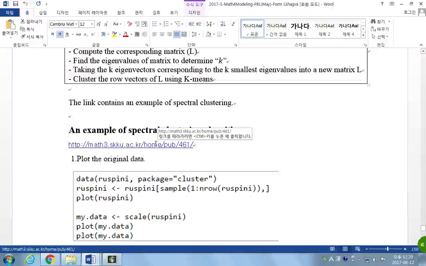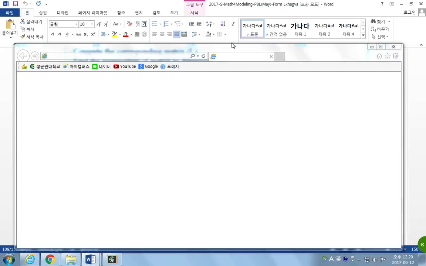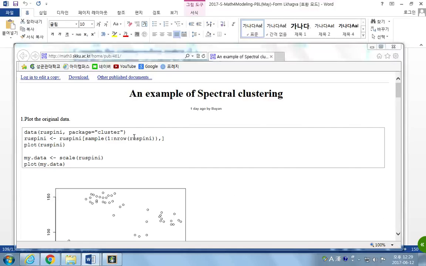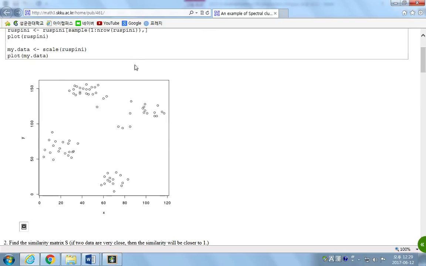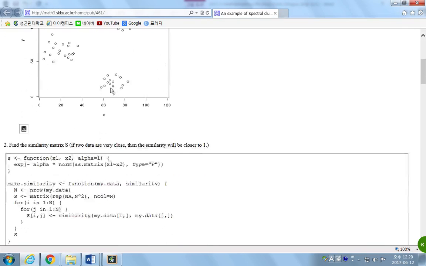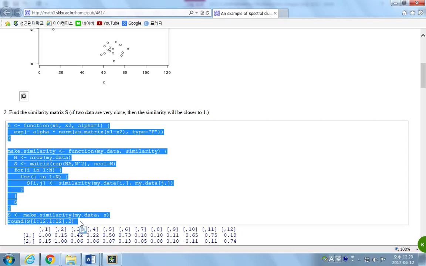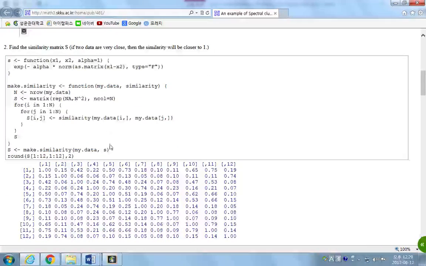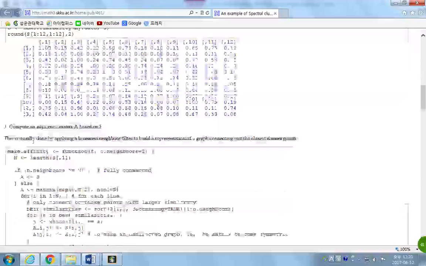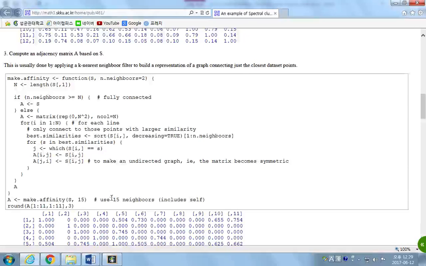For example, here is one example. The data set looks like this, and we first calculate the similarity matrix of this, using the 15 nearest neighbors method.